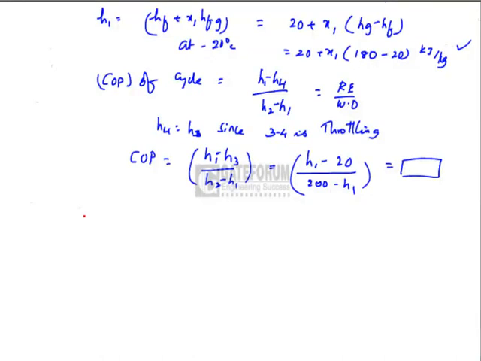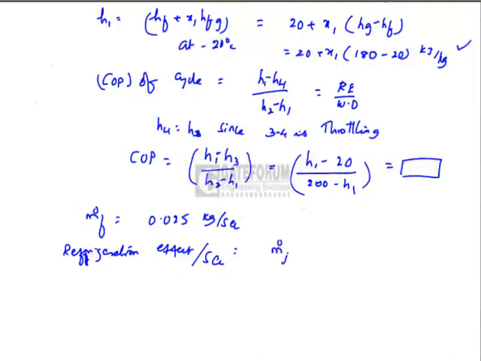And next question is, mass flow rate of the refrigerant is given as 0.025 kg per second. Then refrigeration effect per second is equal to mass flow rate of the refrigerant into refrigeration effect in kilojoule per kg.